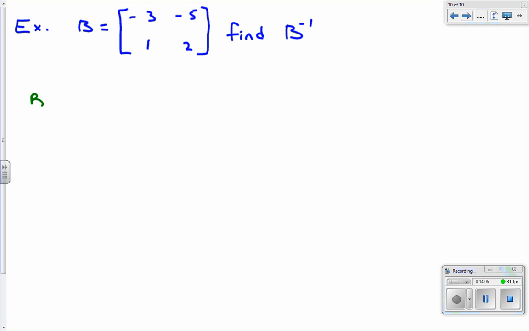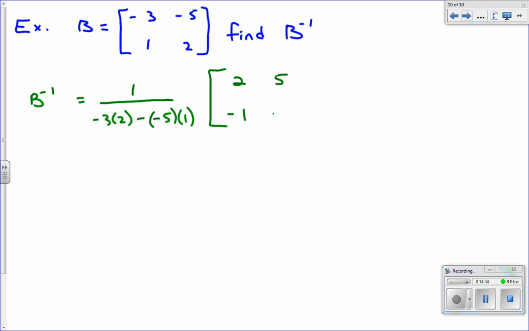So B's inverse will be 1 over, and it's AD, so negative 3 times 2 minus BC, so it'll be negative 5 times 1, times, and it's D and negative B, so D is 2, negative B will be positive 5, and negative C will give us a negative 1, and A will be a negative 3.